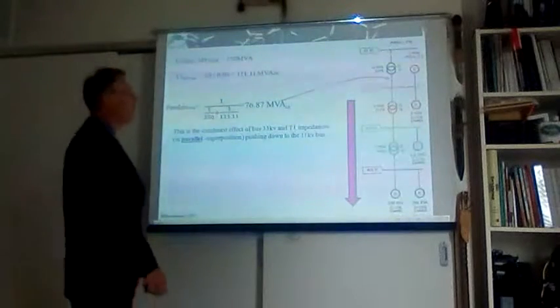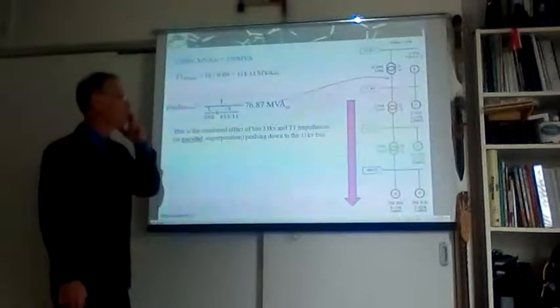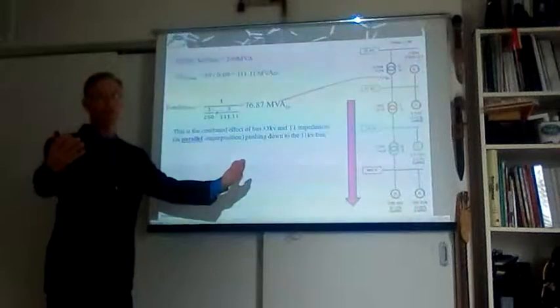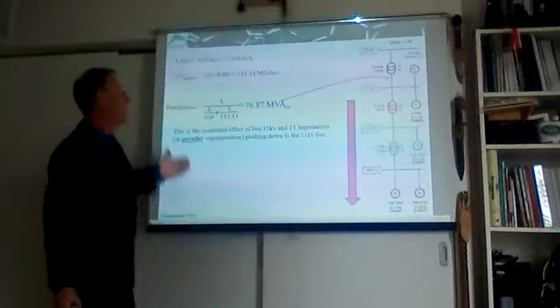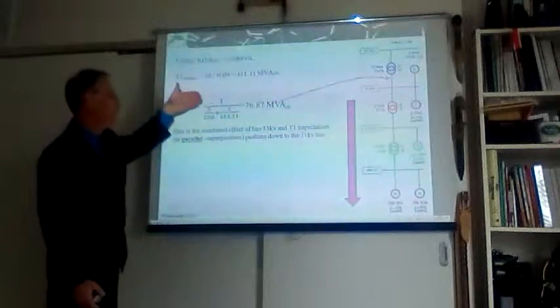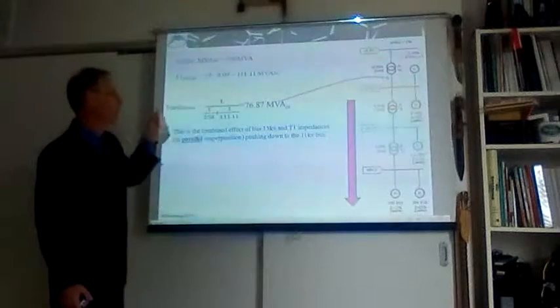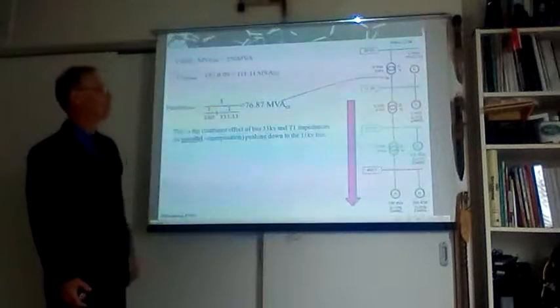The total impedance of two impedances in parallel is 1 divided by (1 over the first plus 1 over the second).